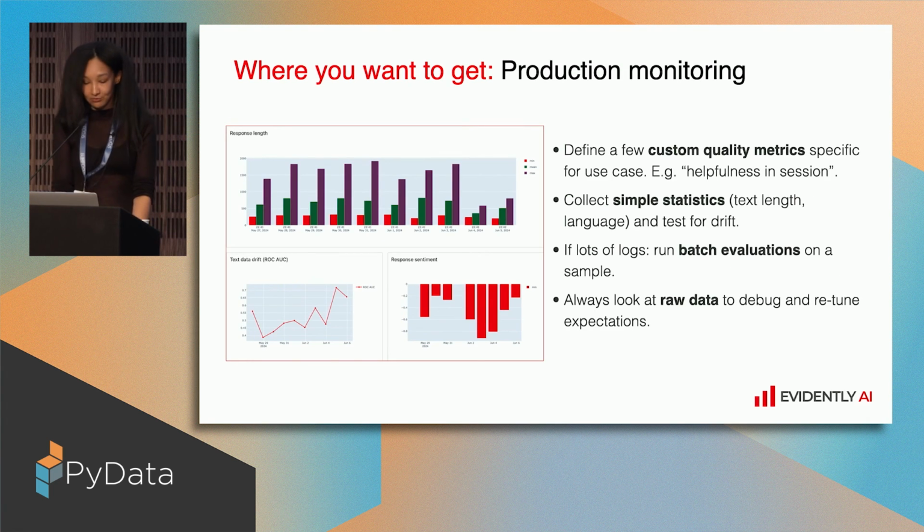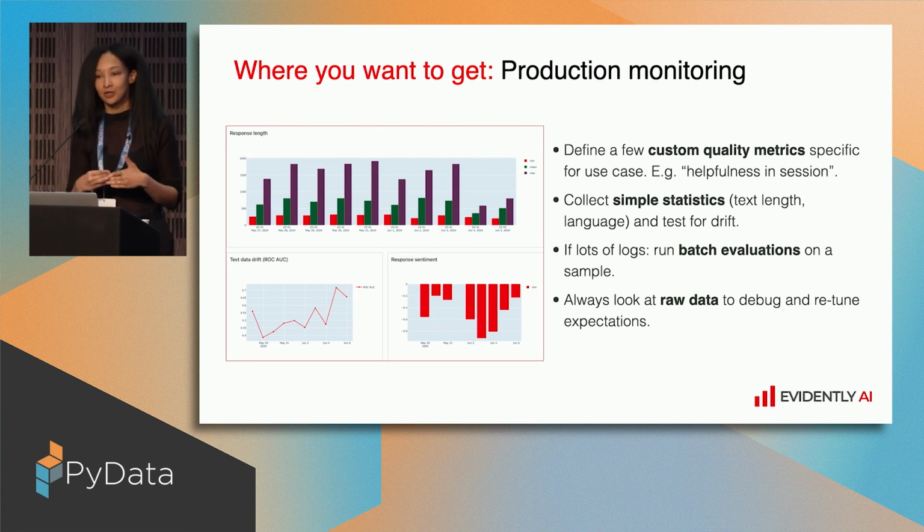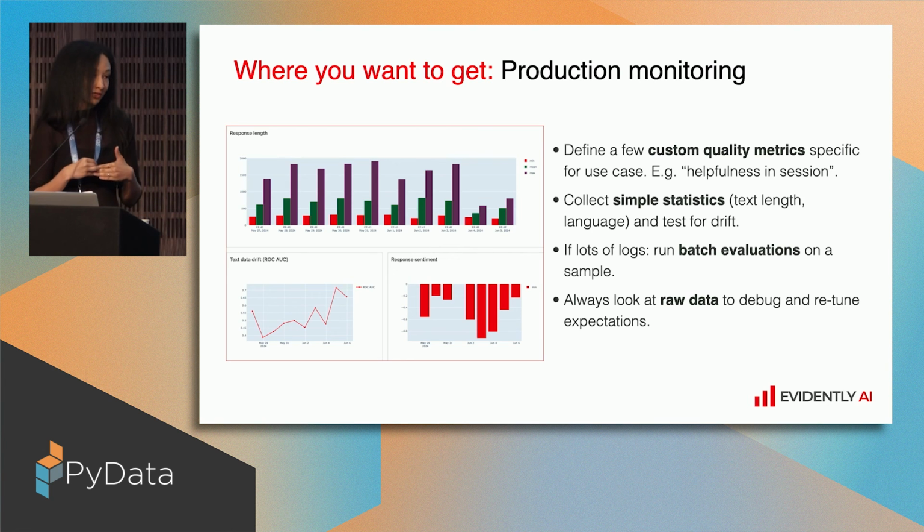And for production, do monitoring, right? Define a few custom quality metrics, and I really, really believe in custom metrics, because nowadays there are not many models like toxicity models or models which return negative responses. There are not many of them, and they can be not really helpful, right? This is why it's important to come up with your custom quality metrics.